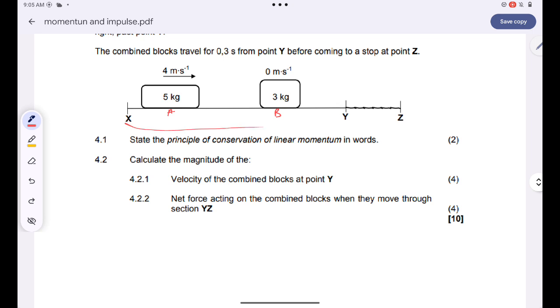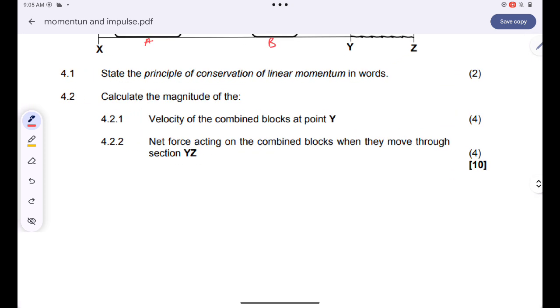Since path XY is a smooth surface, it simply means that we have an isolated system because we don't have non-conservative forces. So since we have an isolated system, I can simply say that the sum of the momenta before is equal to the sum of the momenta after collision.